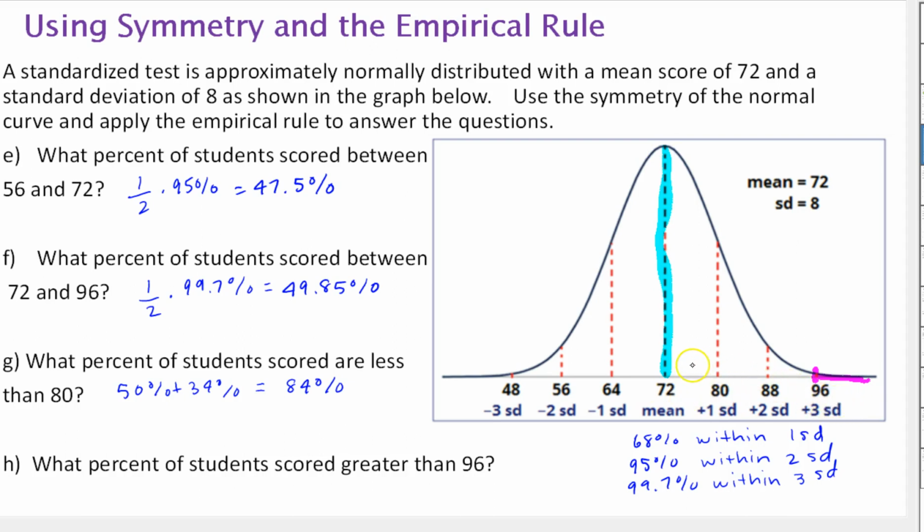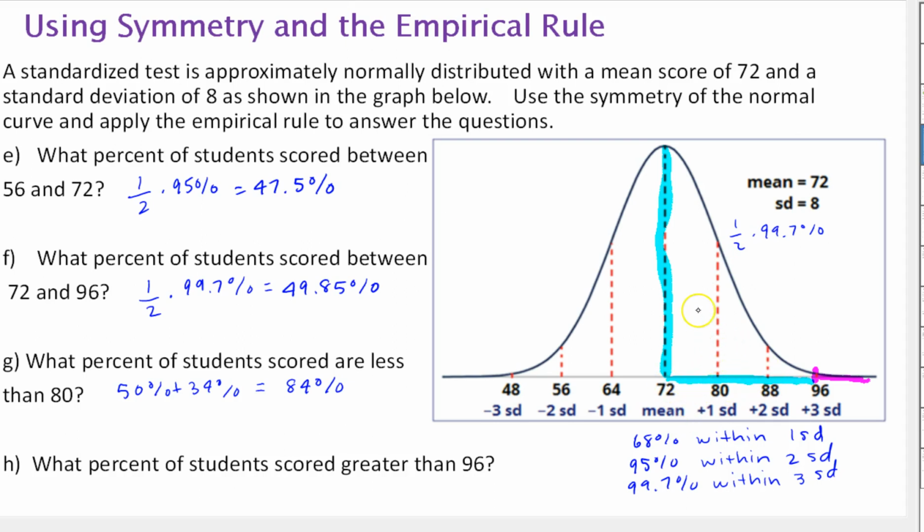Now we know that between 72 and 96 is half of the 99.7. So 1/2 of 99.7% is within 3 standard deviations on this side. Do this in blue.